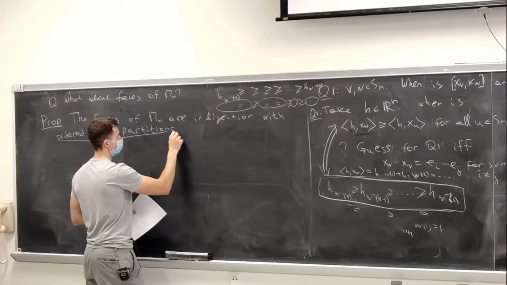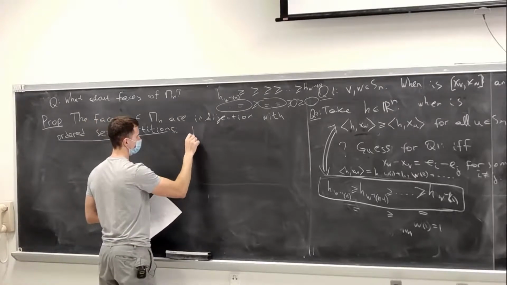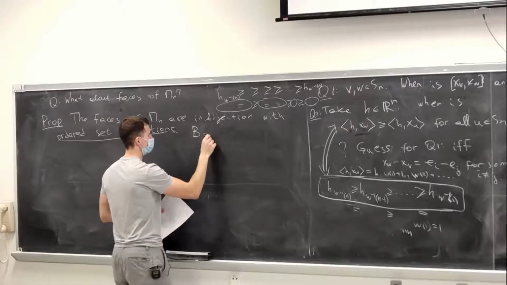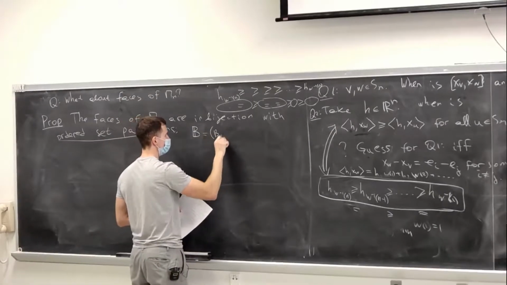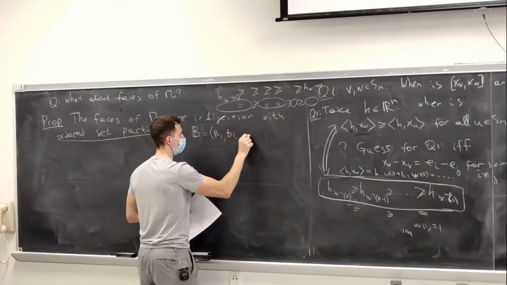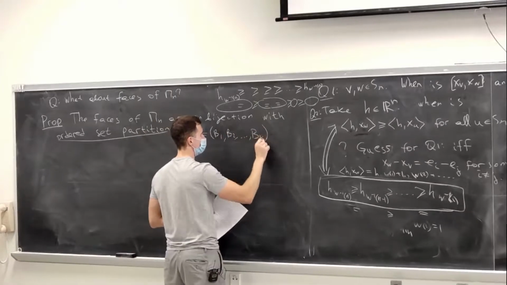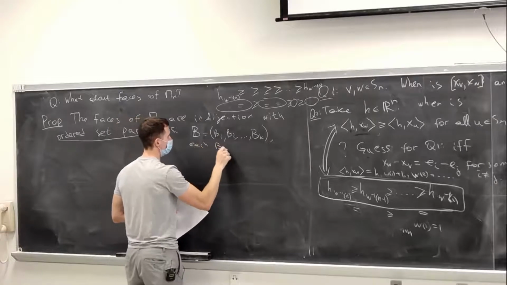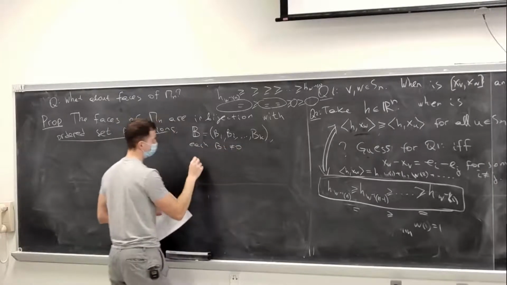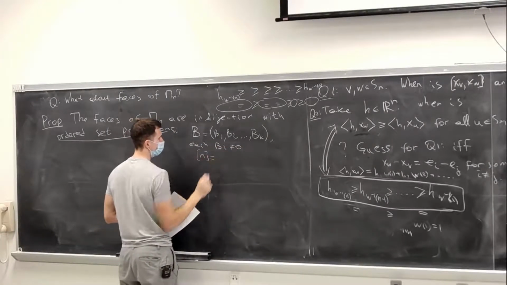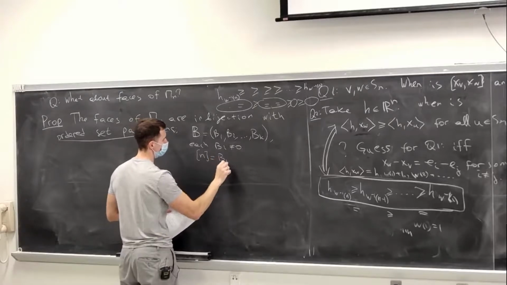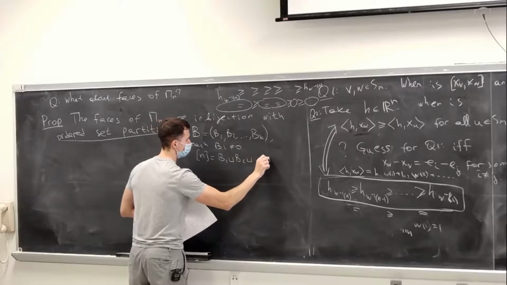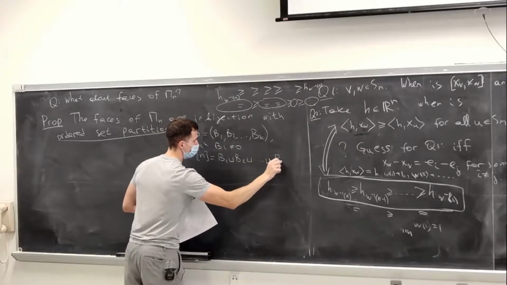Just by definition, I'm going to write a bold phase B. This B is a tuple B1, B2, all the way up to Bk, where each Bi is non-empty, and bracket n is the disjoint union of B1, B2, all the way up to Bk.